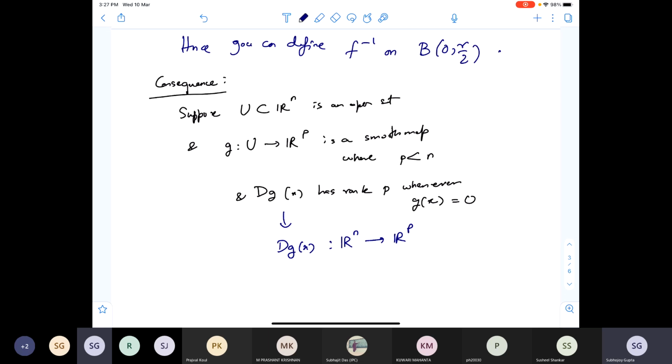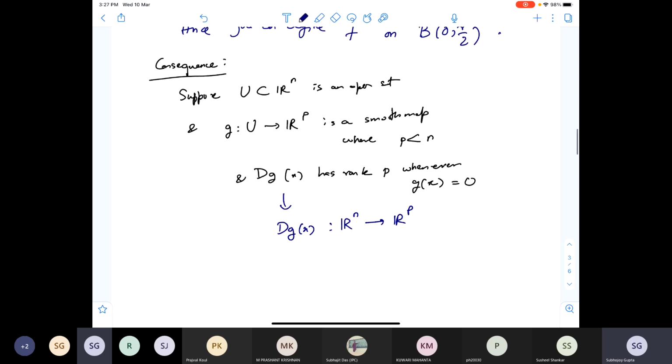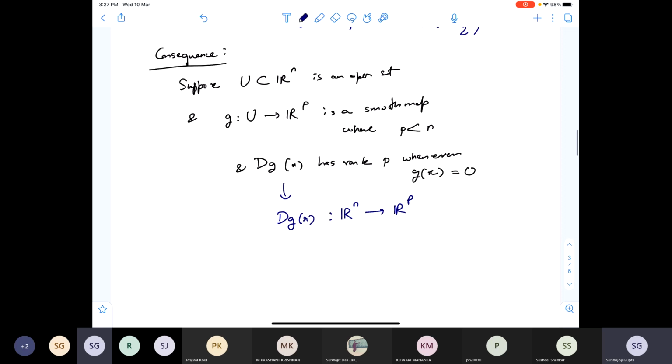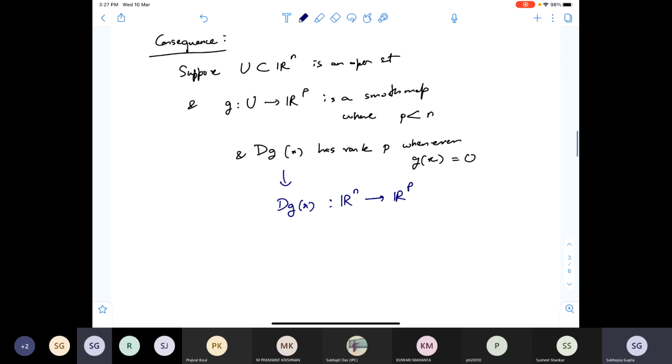And that's what you call this derivative having rank p. That just means that this linear map has rank p, and you have that property whenever g of x is equal to 0. Right? I'll give you an example in a minute. So suppose you have the smooth map, so that the derivative is full rank whenever g of x is equal to 0.